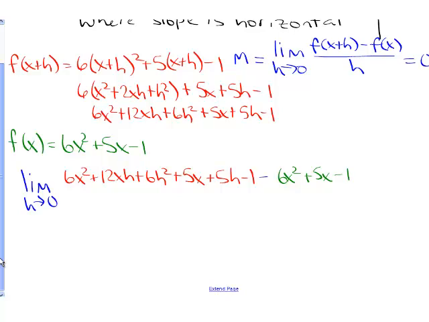If I leave it like this, what's the only thing being subtracted? Just the negative 6x squared. I have to have the brackets because I'm subtracting the whole function in green. That whole green thing has to be there.